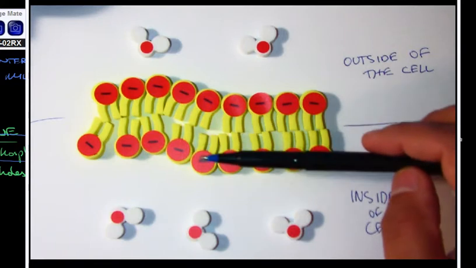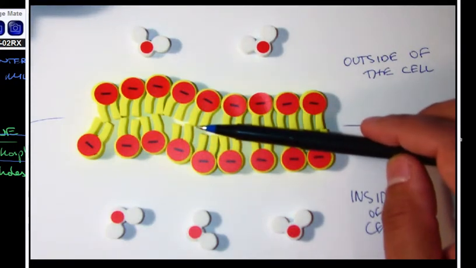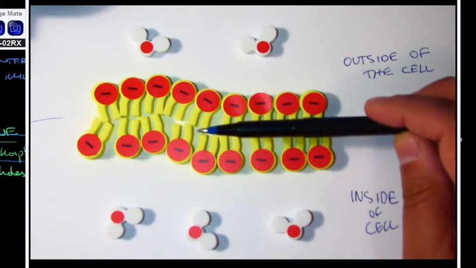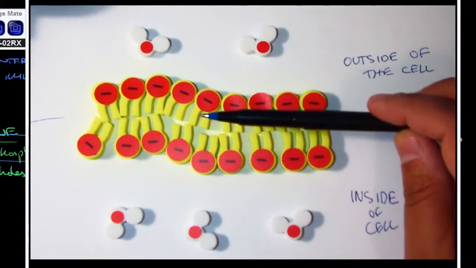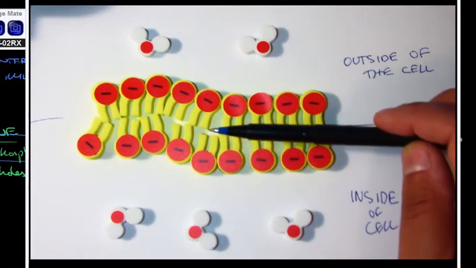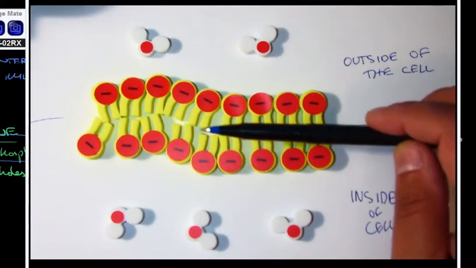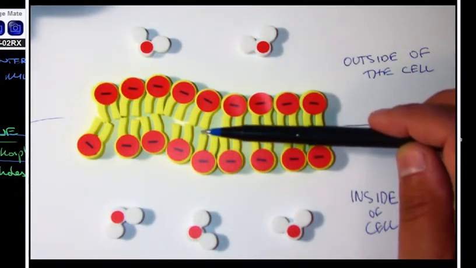They just happen to be associated next to each other because they like to create this hydrophobic region for their fatty acid tails. Oftentimes we'd find cholesterol, I don't have that in this model, but we'd find cholesterol embedded in this hydrophobic region as another lipid that helps the structural integrity of this phospholipid bilayer.